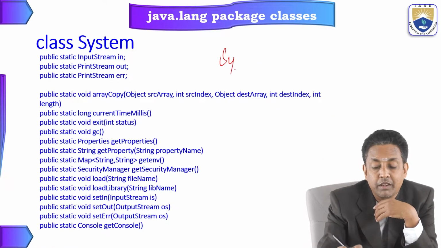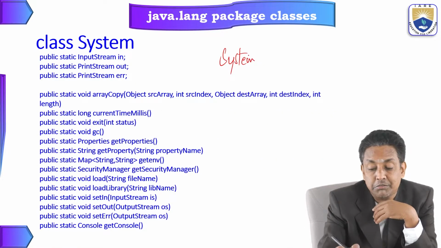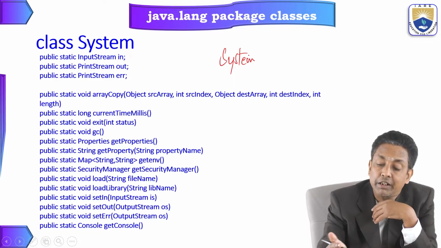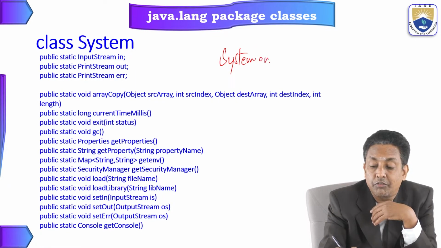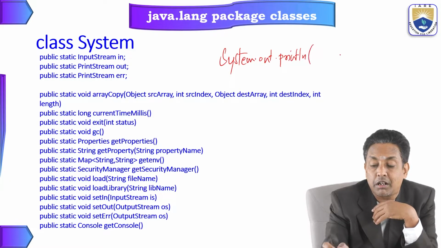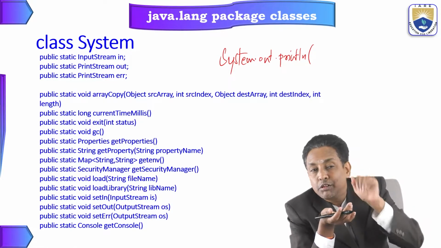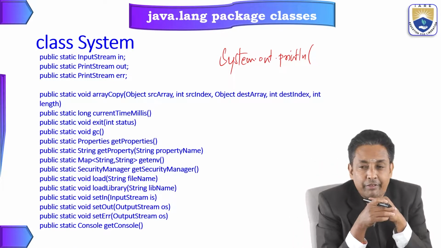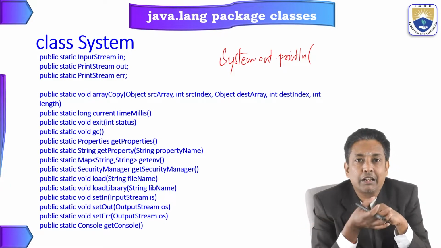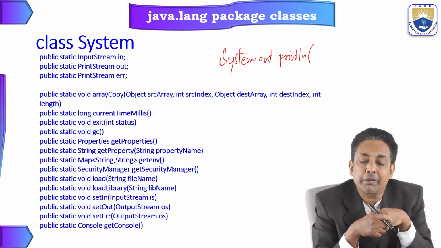System.out.println in standalone programs. In web applications and other applications, we can use System.out.println, but the message written through it will go to the server console in web applications and other interoperable distributed applications.